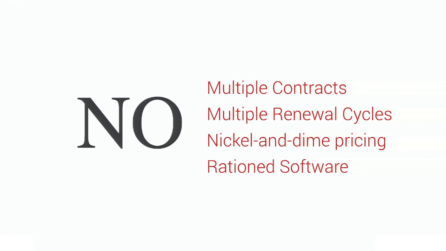So now there's a lot of nickel and diming in this industry, and that's something that we are trying to avoid here with Zoho One. We are not only including the applications, the web applications, mobile applications, we are including the add-ons in there, we are including the extensions in there, all of this, so that we just give you one flat fee, and that's about it.